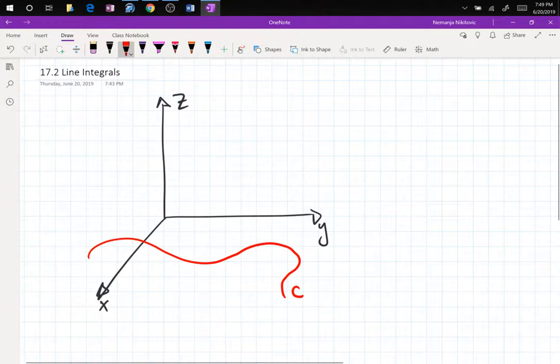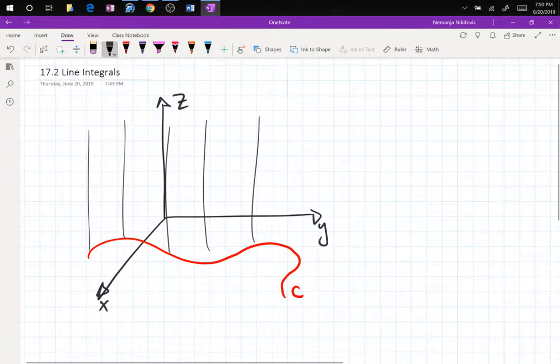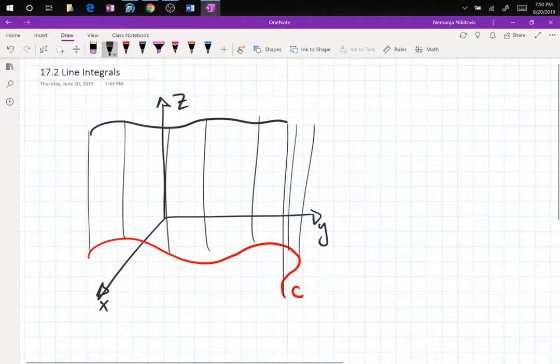On top of this curve C, I'm going to put a shower curtain. This line is going to get a curtain going up like that, and it's going to have some top that hooks up to that bar.